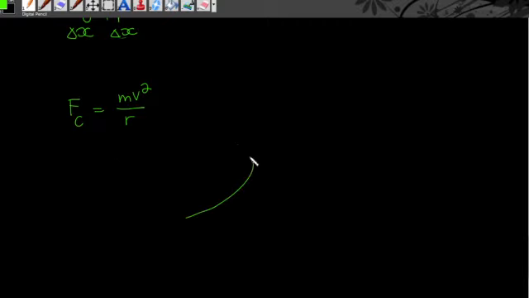Basically, if an object is moving in a circle or some sort of round path, then, as I said in my first video, acceleration is the change in velocity with respect to time, and velocity is both speed and direction, which means that an object doesn't necessarily have to change its speed to be accelerating. It can change its direction.